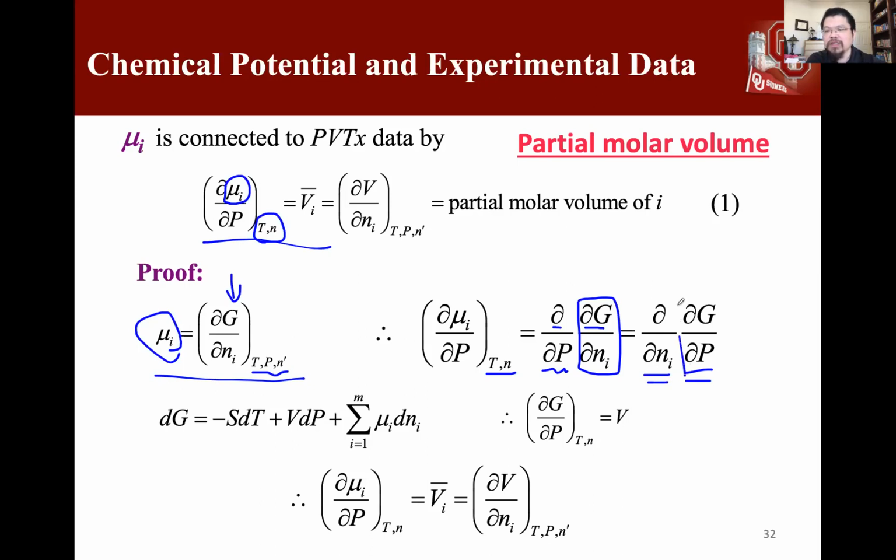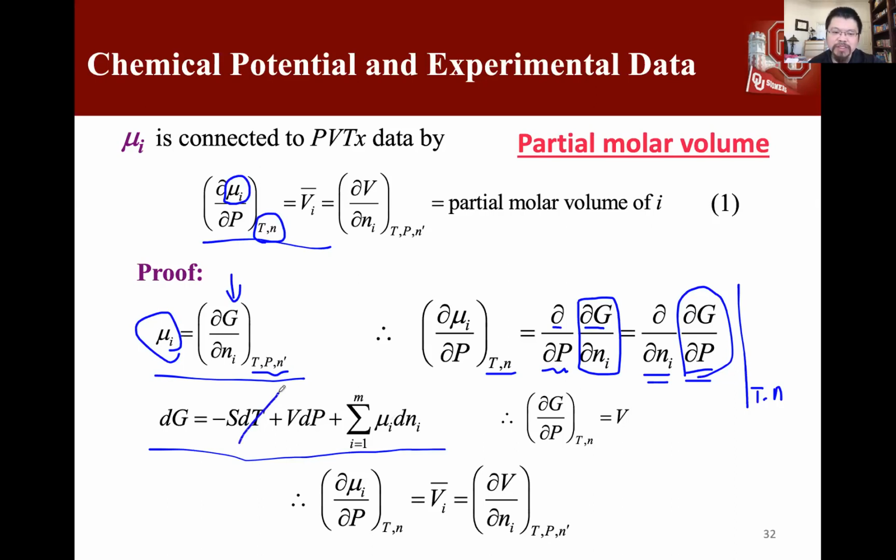So what about this term? Keep in mind we are still having this T, n as the requirement. If you want to understand and evaluate this term, we'd better look for the general term of Gibbs energy. dG is minus S dT plus V dP, and those chemical potential terms, right?